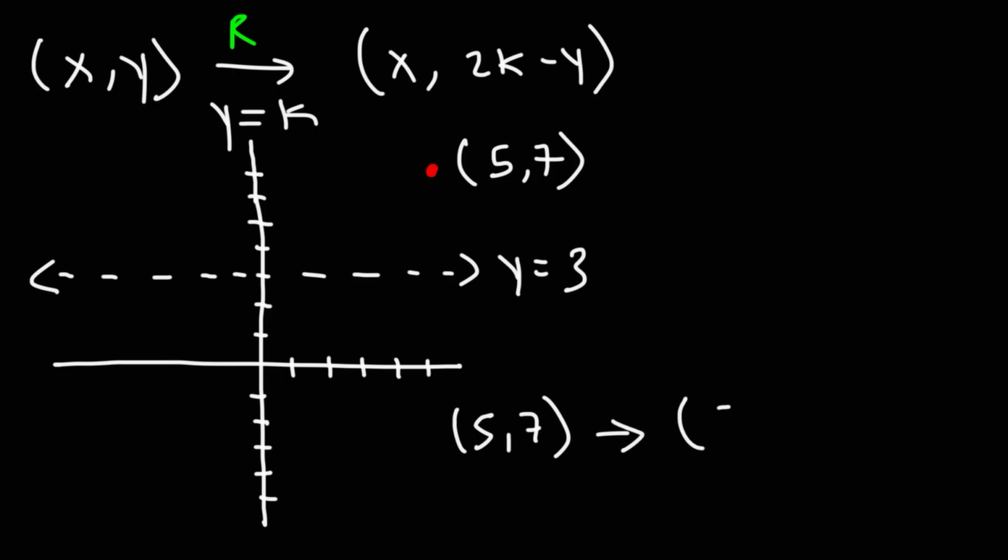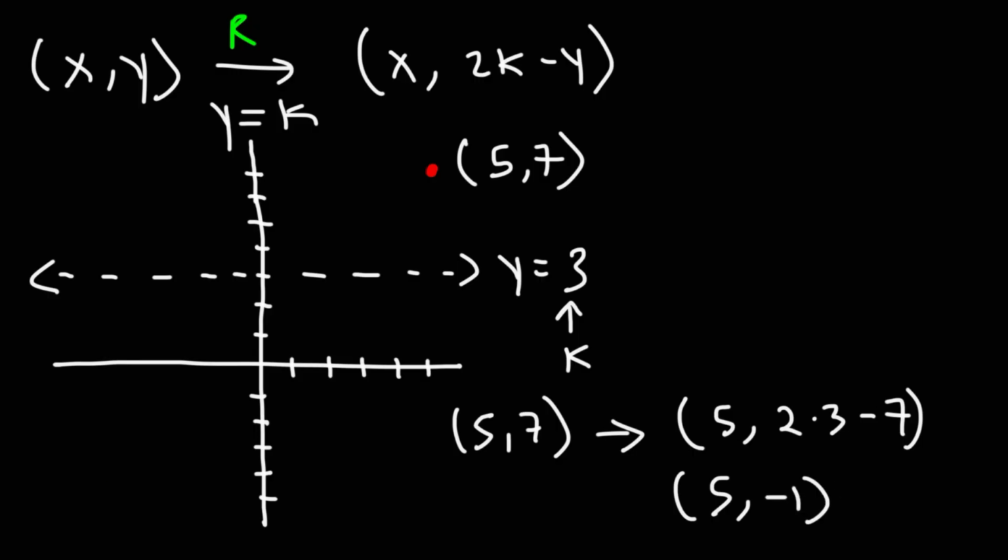So the x value will stay the same. The y value will change. k is 3. So this is going to be 2 times k, or 2 times 3, minus our original y value, which is 7. 2 times 3 is 6. 6 minus 7 is -1. So the new point is going to be 5, -1. 5, -1 is right here.